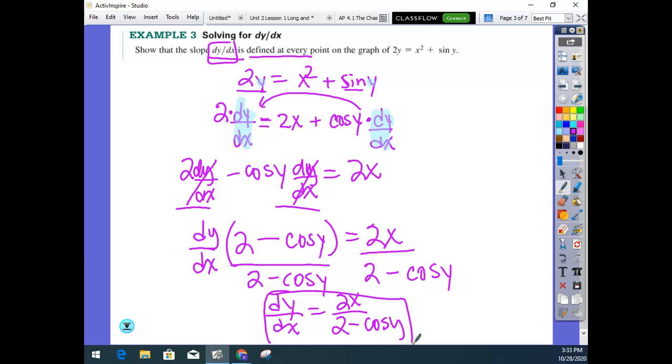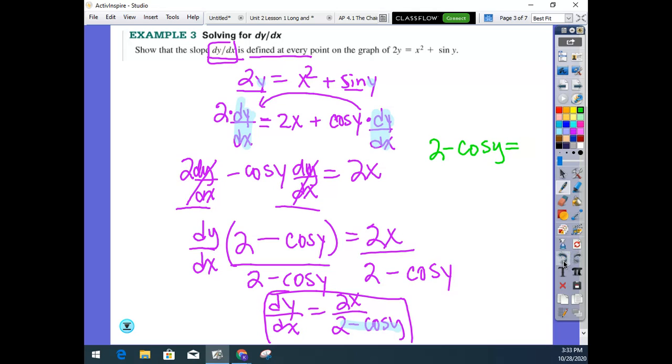It says show that the function is defined at every point. For something to be defined at every point, the bottom cannot equal 0. Why can this not equal 0?